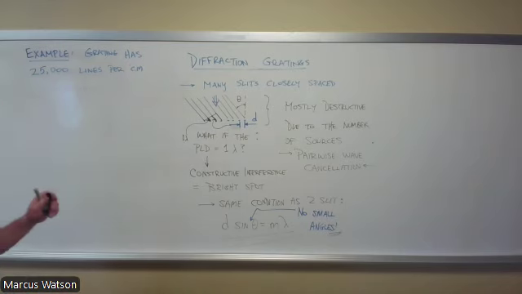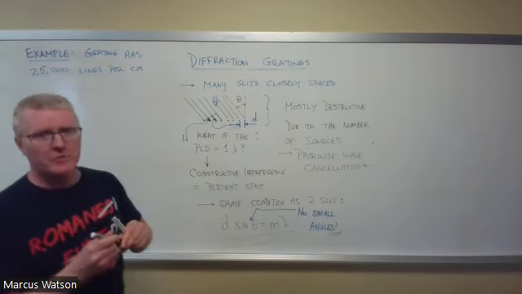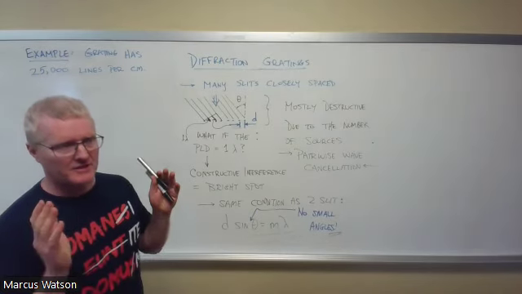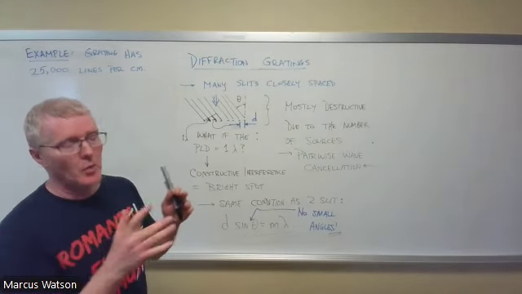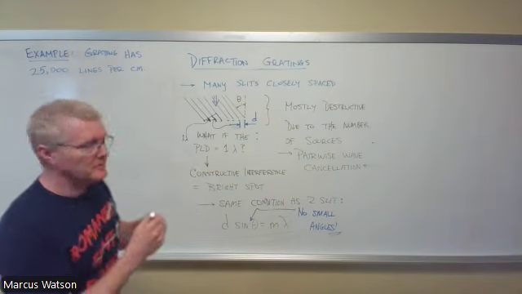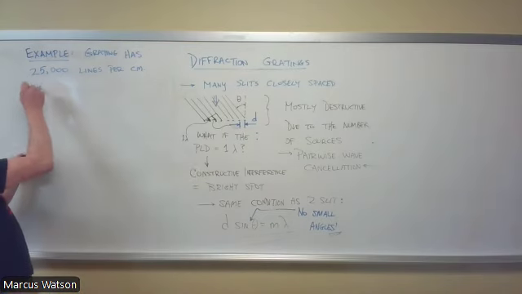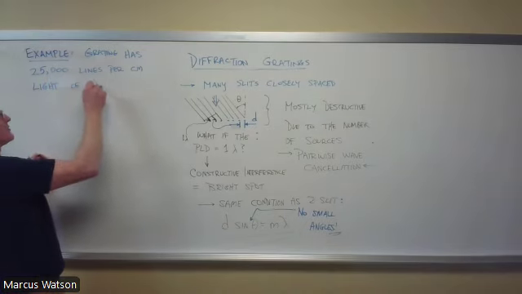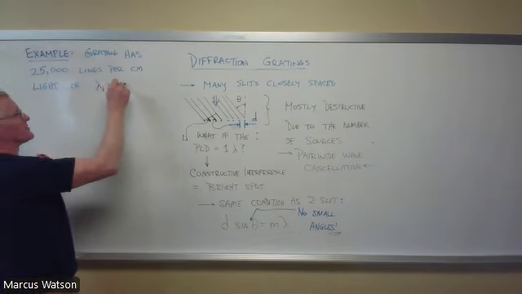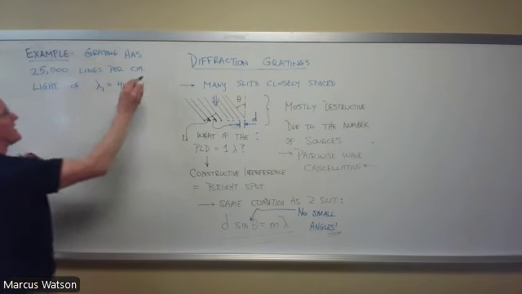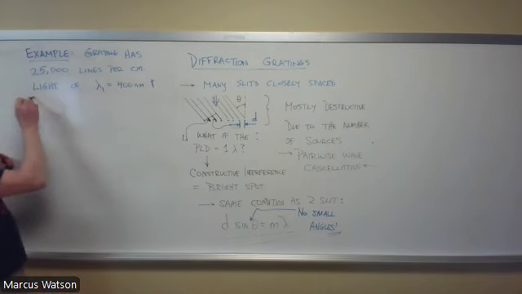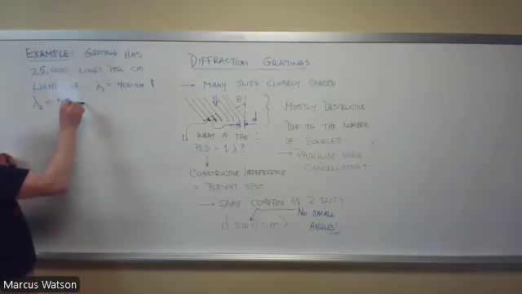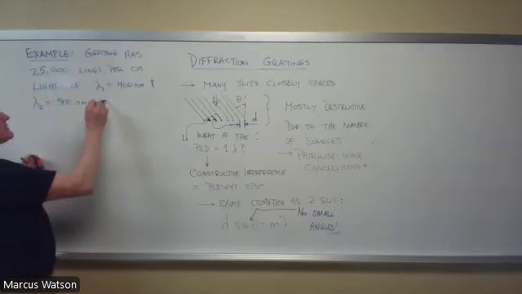Okay, now I'm going to shine light of two different wavelengths into the diffraction grating. I'm going to ask, what's their angular separations? Okay. Light of, first say lambda 1 here is 400 nanometers. And then after that, lambda 2, I'm going to change to 500 nanometers. Illuminates the grating.